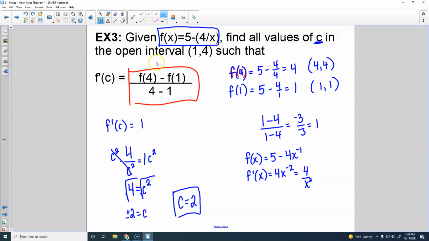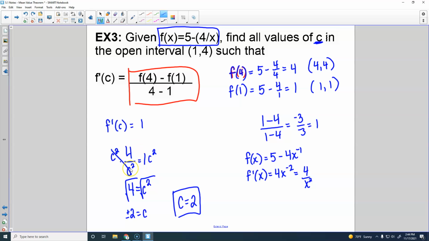So we found the slope, and it was 1, so we have the f prime of c is going to equal 1. So the derivative we found over here, that's our f prime, right? 4 over x squared. So I used the c right here. If you use the x, it would be okay. You're taking your derivative, and you're setting it equal to the average rate of change, which is that slope that we found.